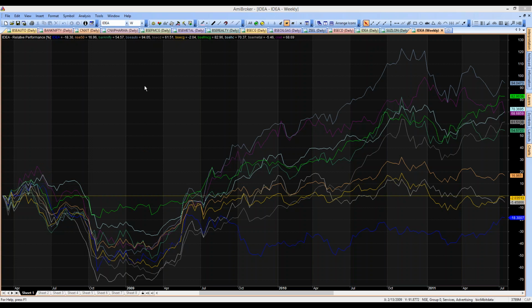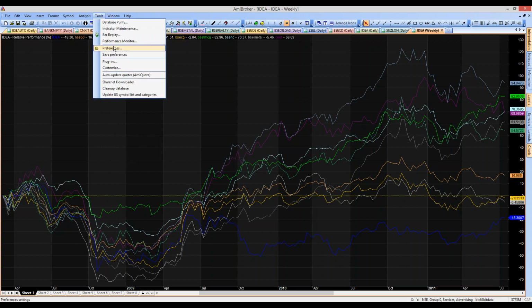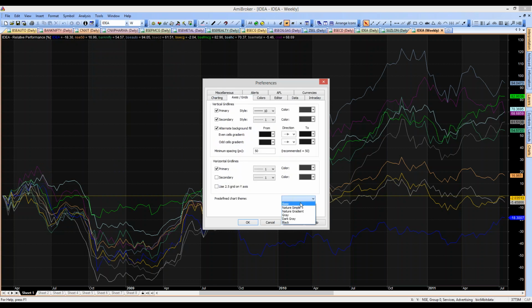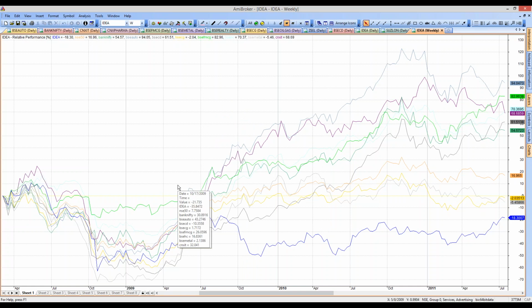Okay. Let me actually try one more thing. Tools, preferences, let's see how the white one might look. Yeah, okay, I'll just use this. It's a little hurting to the eye, and that center line is completely different. I really don't like this because the lines are too thin.